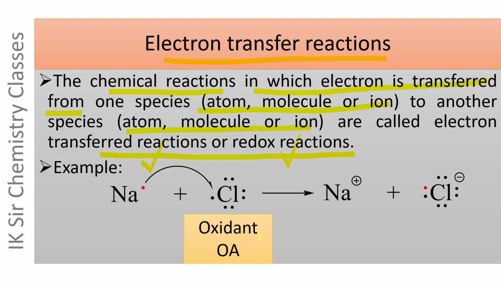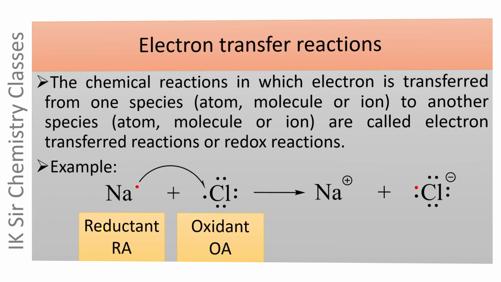Here Cl, which gains electron and oxidizes sodium, acts as oxidant or oxidizing agent. On the other hand, sodium atom, which reduces chlorine and loses electron, acts as reductant or reducing agent.